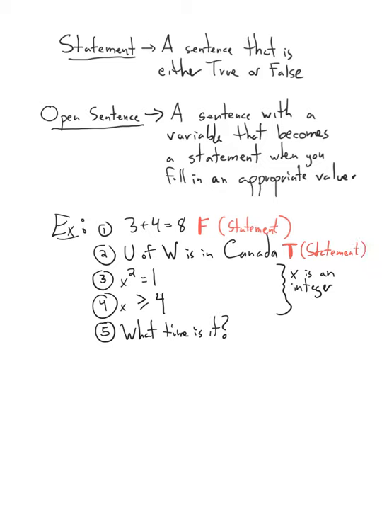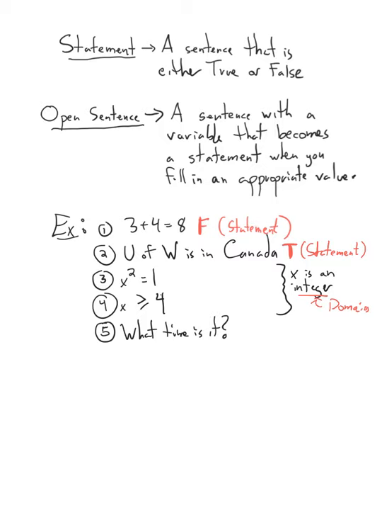An open sentence is kind of like a statement with a variable, or it becomes a statement when you plug in an appropriate value for your variable. So here's two where we're allowed to plug in integers. And it's a good idea, and this is called kind of the domain, what you're allowed to plug in. So the domain for these open sentences are integers, because that's what we're told.